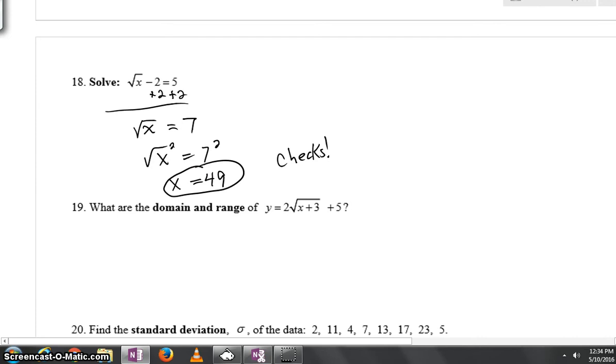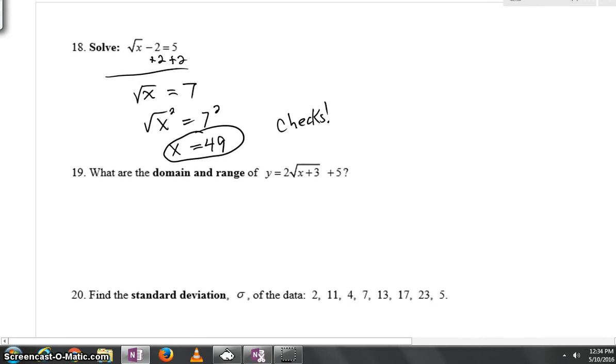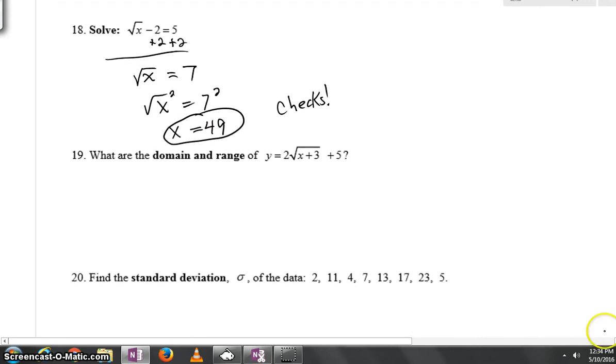Okay, obviously on a multiple choice kind of a test, you're not going to have a graphing problem per se, where you have to create your own graph, but you can definitely be asked about the domain and the range of a radical function.